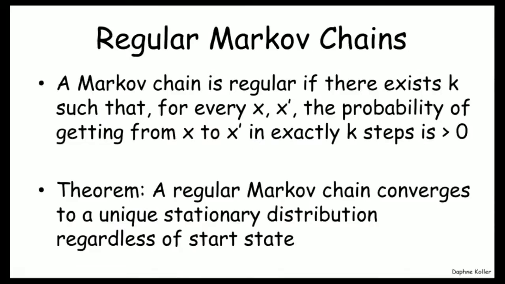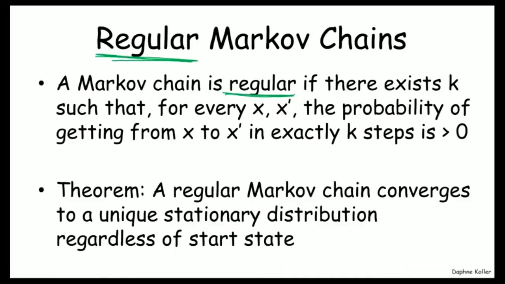So when does a Markov chain converge to a stationary distribution? I said many of them do, but it turns out that not all of them do. A condition that guarantees convergence to a stationary distribution is something called regularity. A Markov chain is regular if the following condition holds. And notice the order of the quantifiers.